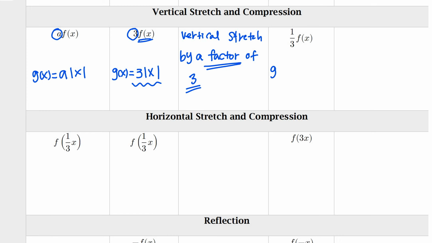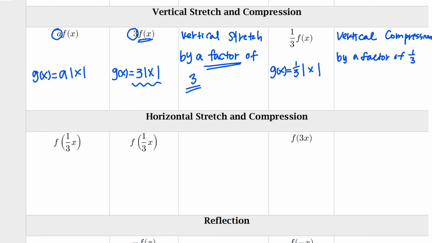And if the new function is 1/3 times the parent function, this is called vertical compression by a factor of 1/3.